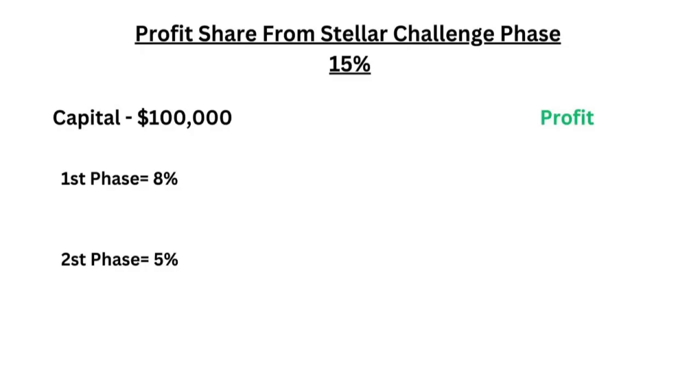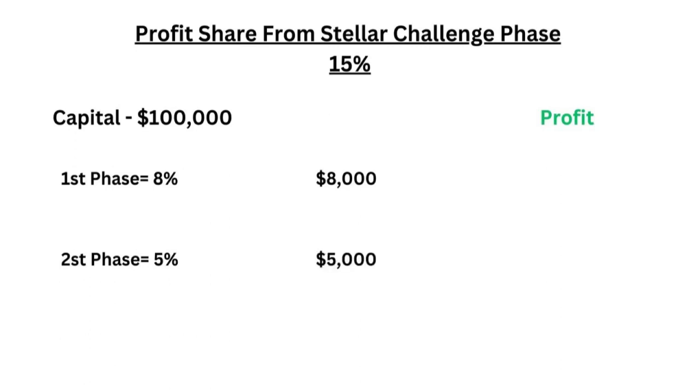Phase 1 we have 8%, phase 2 we have 5%. 8% of $100,000 is $8,000, so you are required to make $8,000 in this phase. Phase 2 also, the profit target is 5% of $100,000, which is $5,000.